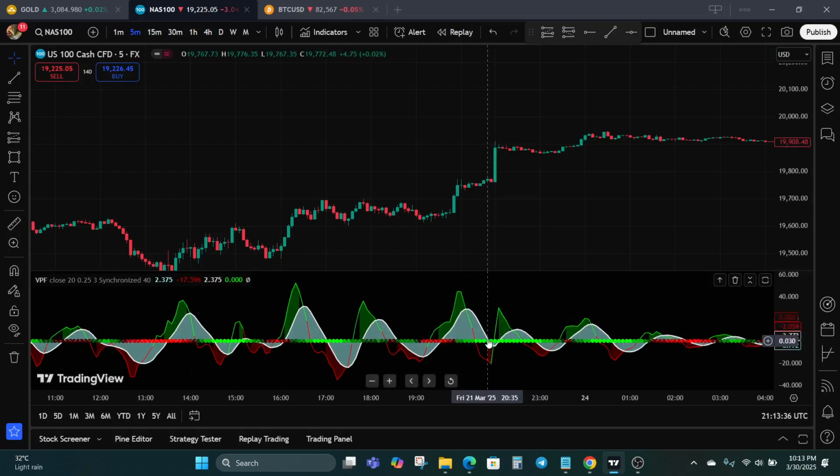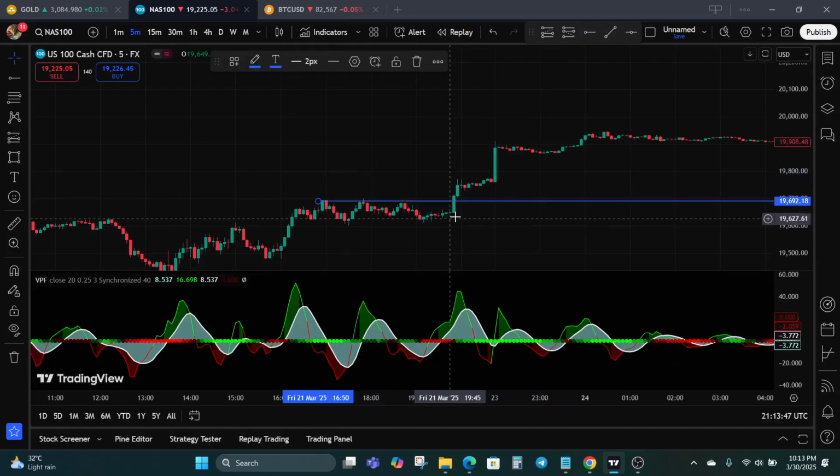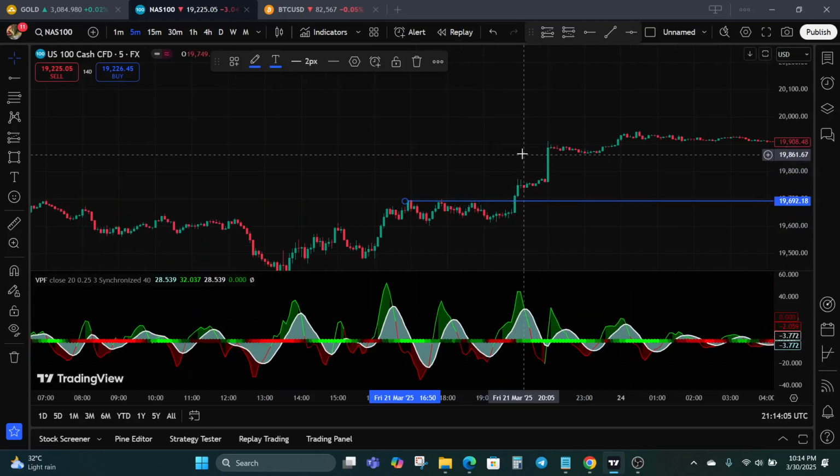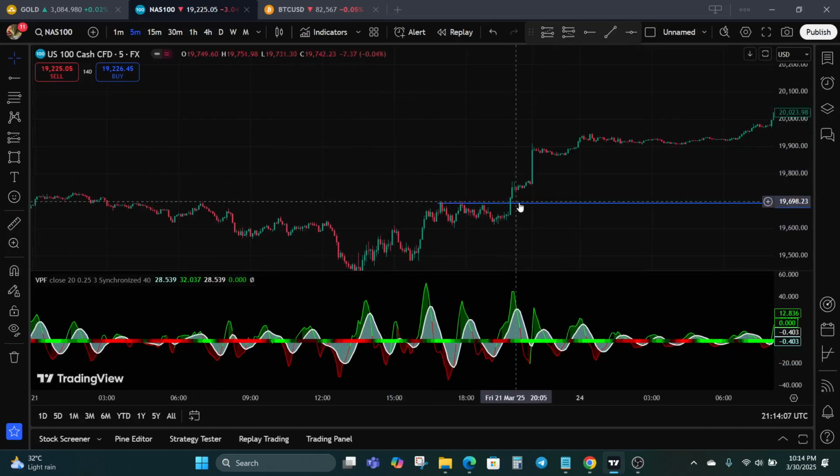You're going to see that at this particular point, the green dots were dark. In as much as we had a bearish move, you can see we actually had a breakout from this point, and at this point the dots were just changing from red to green, but it was still dark. But over time, the shade was getting lighter. So as it gets lighter, it shows that the bullish move is likely getting stronger.